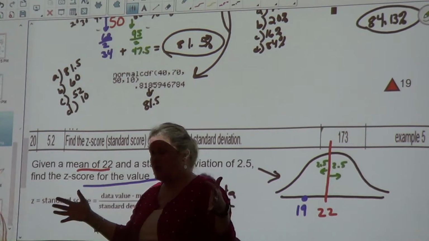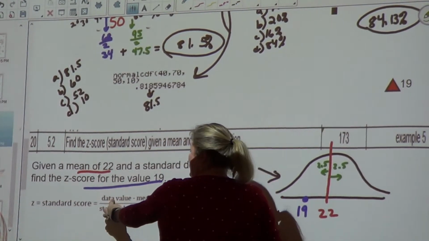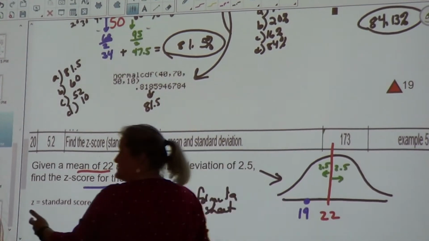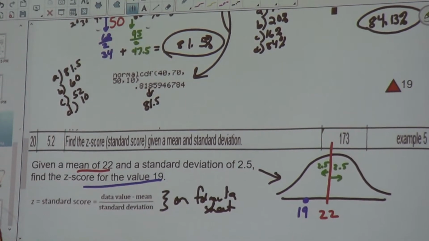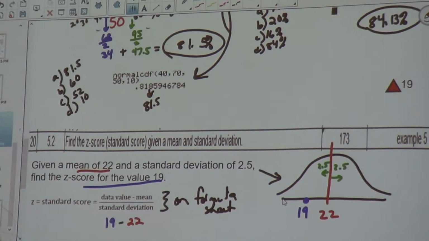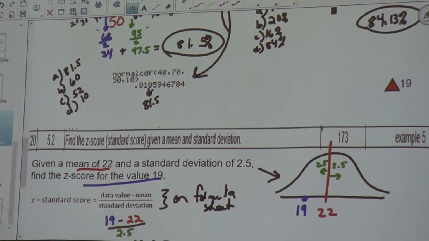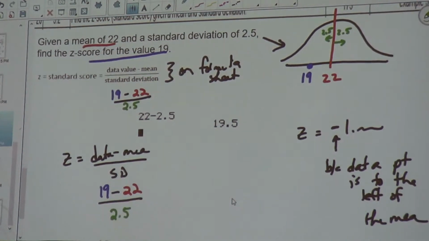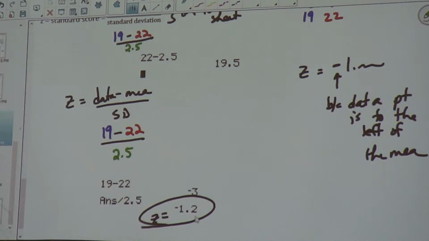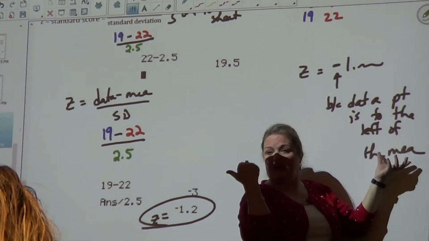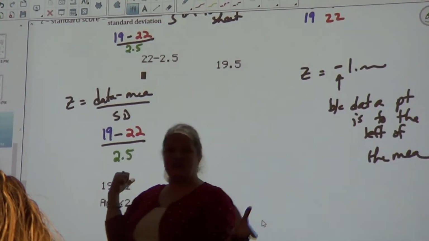Now, if I use my formula, what is my data? 19. What is my mean? 22. What is my standard deviation? 2.5. So I do data minus mean over standard deviation, I go to my calculator, data minus mean, and then I divide it by standard deviation. It's negative 1.5 jumps. We knew that it was going to be negative something because it was to the left. So we can narrow down my answer choices that way.